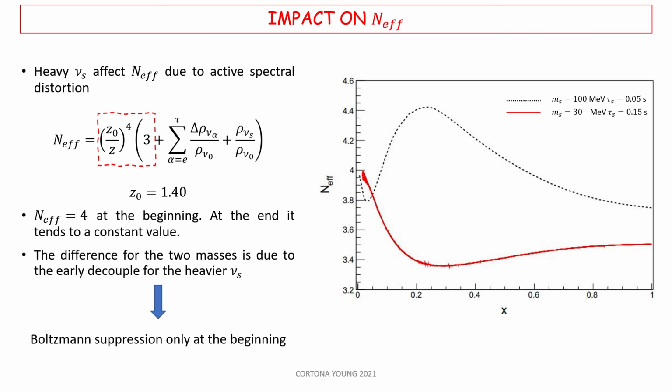While for high mass, and we have done the example of 100 MeV, they decouple early, and so they become non-relativistic. Their comoving energy increases, and so N effective increases and then decreases for the decay until a stable configuration.